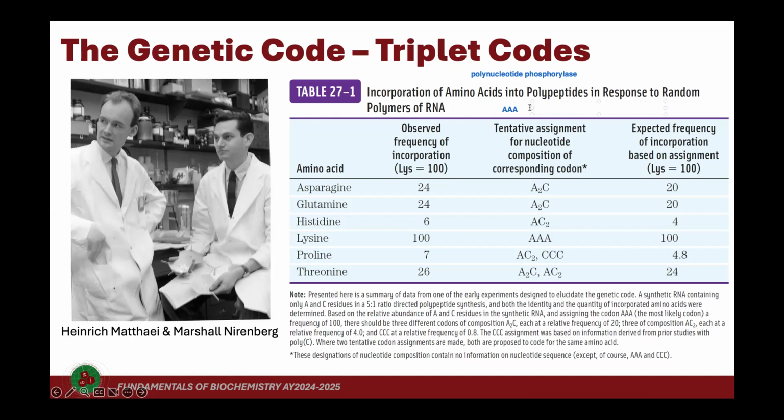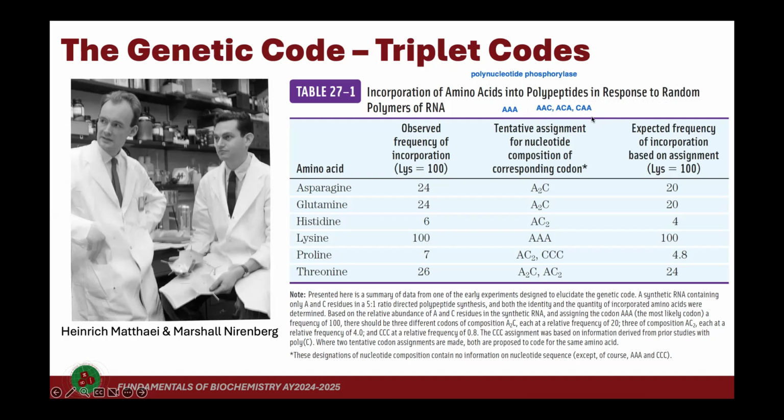And then you also can get AAC, ACA, or CAA. But again, the likelihood of getting these three is lower than getting AAA.